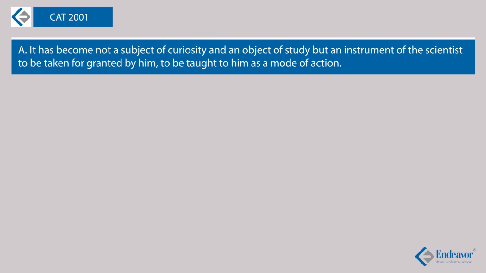The next question that we are going to discuss is from CAT 2001. Sentence A. It has become not a subject of curiosity and an object of study, but an instrument of the scientist to be taken for granted by him, to be taught to him as a mode of action.